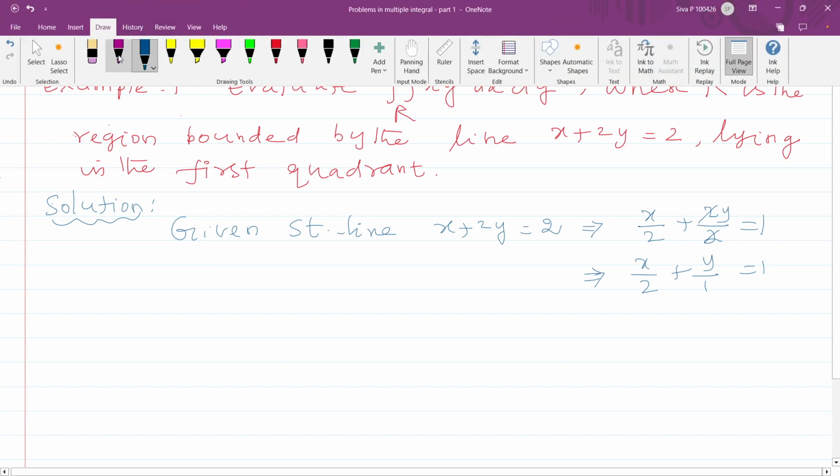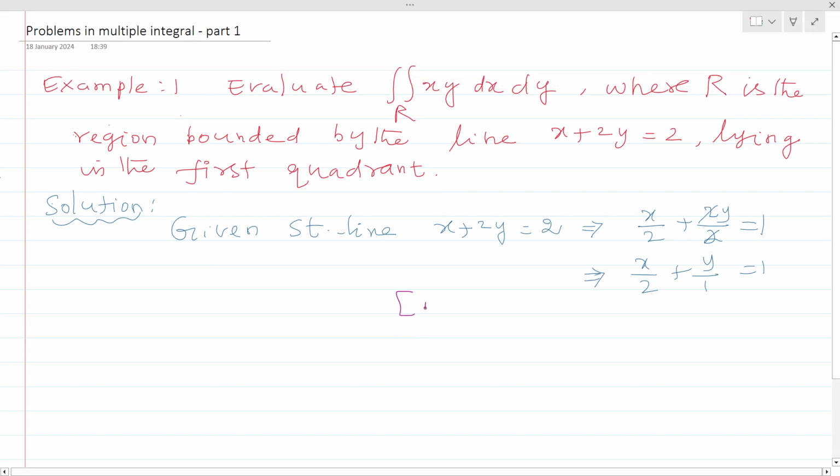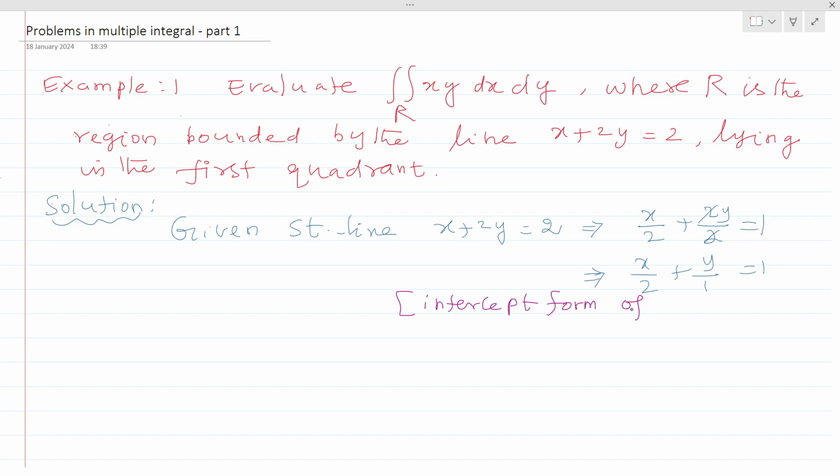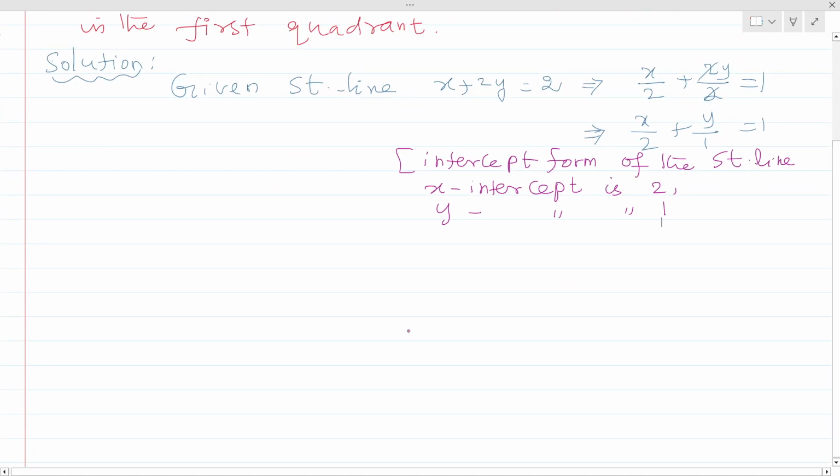This is the intercept form of the straight line, where x-intercept is 2, y-intercept is 1. So we can draw a rough sketch based on this.